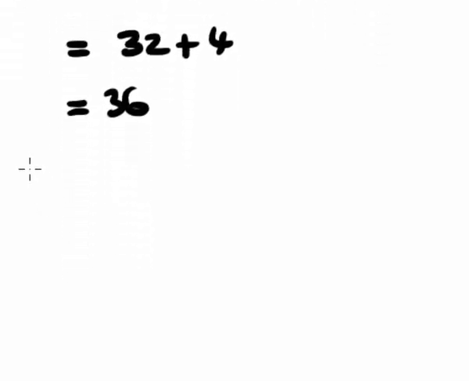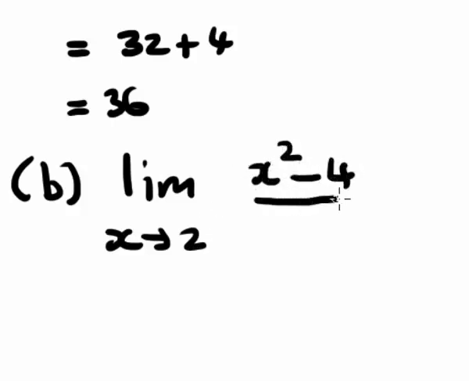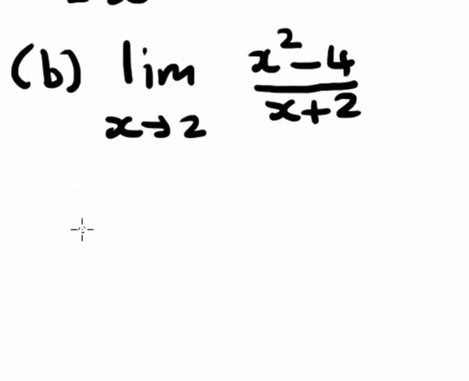Okay, we can look at another example, B here. What if I said to you, what is the limit, the y value approached, if x approaches 2 of this funny looking little graph here? Now, don't panic with what it looks like. It's just some graph. How do we get the y value approached if x approaches 2?